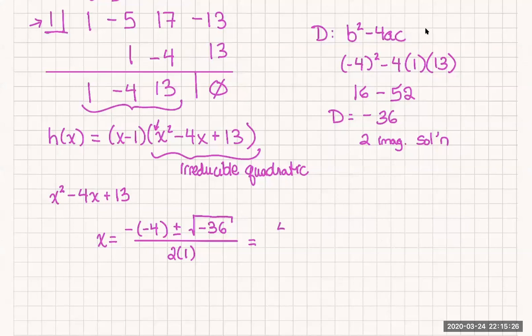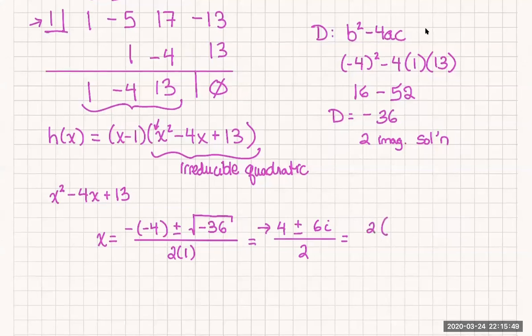So minus -4 is +4, plus or minus, well, remember the square root of -36 is 6i, over 2. Now, remember how I simplified this fraction. I look for a common factor in both of my terms in the numerator. Both 4 and 6 have a common factor of 2.